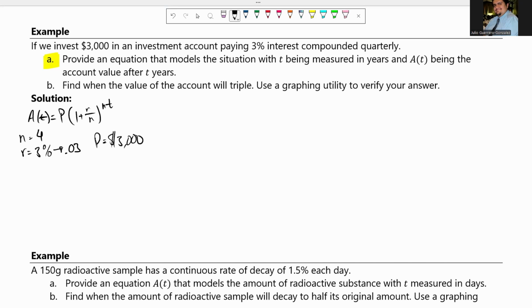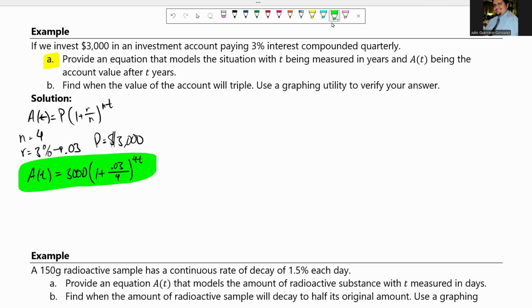So my equation is A of t is equal to 3,000 times 1 plus 0.03 divided by 4, to the 4t. You guys remember that from exponents? This is the same problem, by the way. I forgot to tell you guys that.